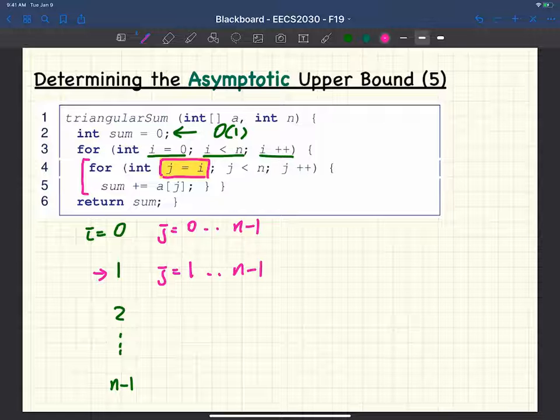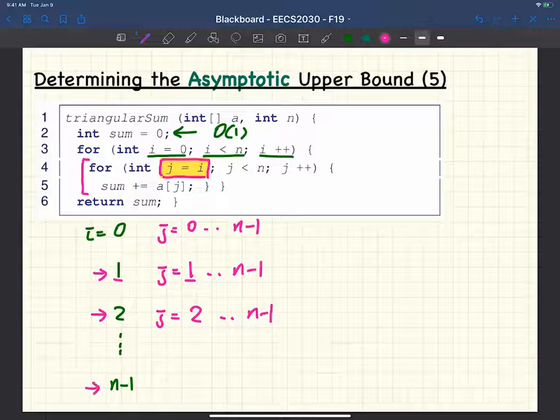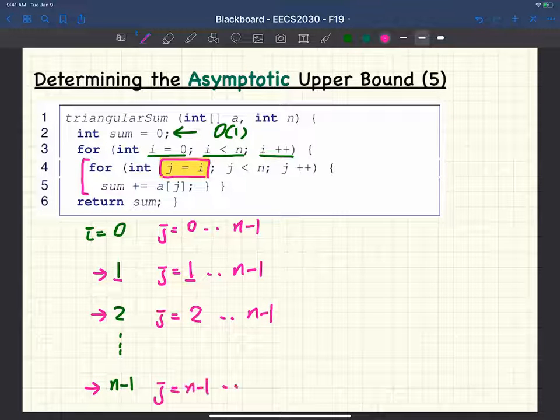You can see the 1 here corresponds to the 1 over here. When i is equal to 2, j will be from 2 until n minus 1. It's getting a little bit different from before. And then over here, j would be from n minus 1 until n minus 1. Still something to be done, but it seems like the amount of work we have to do is decreasing every time, intuitively.